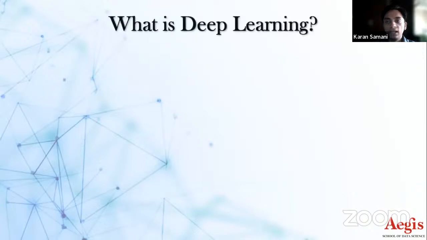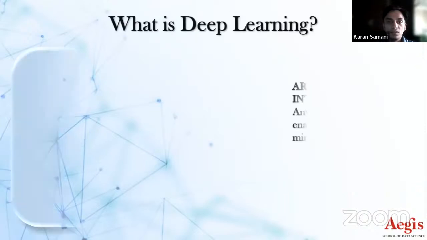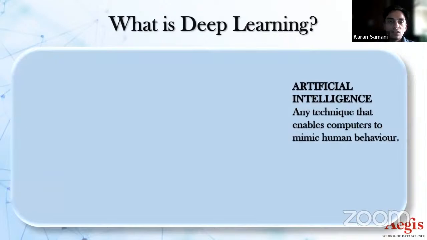Let me start with what is deep learning. Deep learning comes under the umbrella of artificial intelligence. Artificial intelligence can be any technique that enables a computer to mimic human behavior.